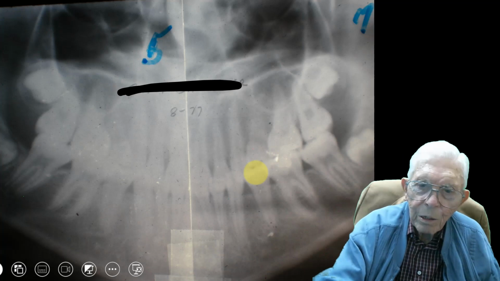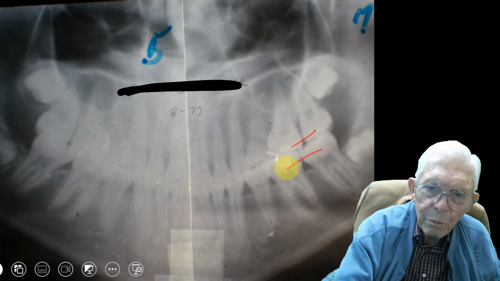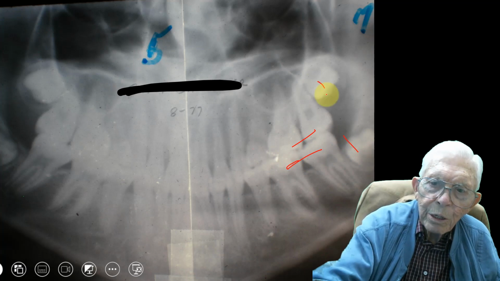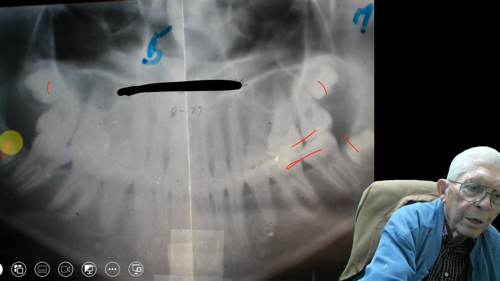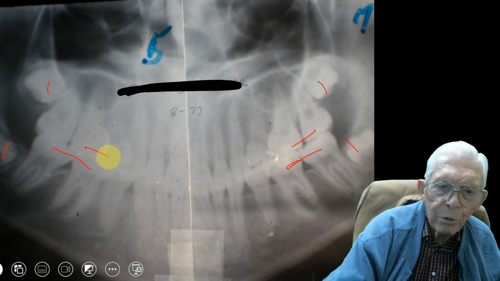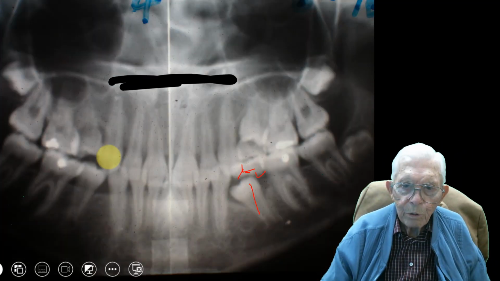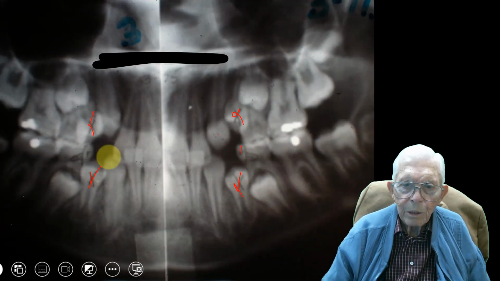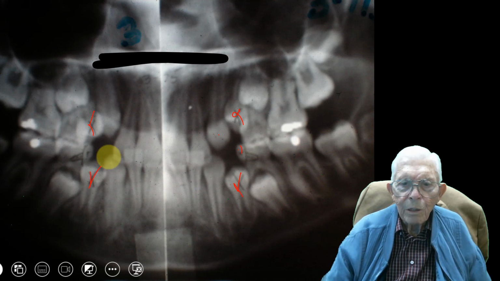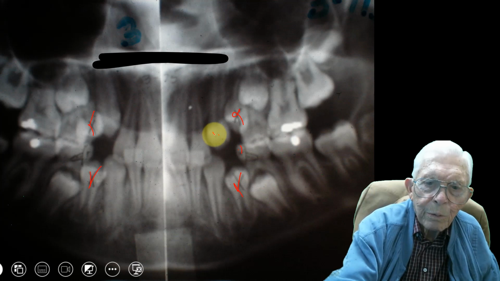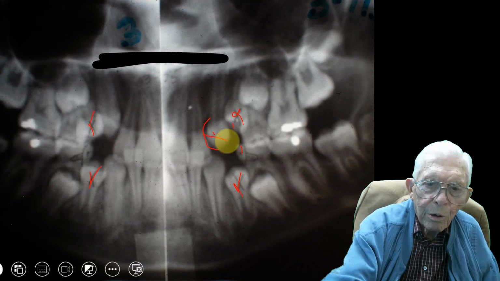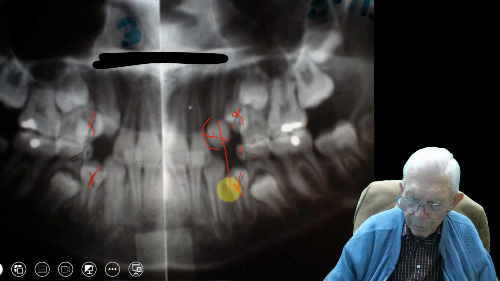With these teeth moving forward, the wisdom teeth have more room to come in. These moved in here. Now I'm going to back up and we'll watch those cuspids. Now you see where they came down in place. Watch the follicle around this cuspid. It'll get bigger, and it'll push this tooth out away from that, and then it'll erupt there.